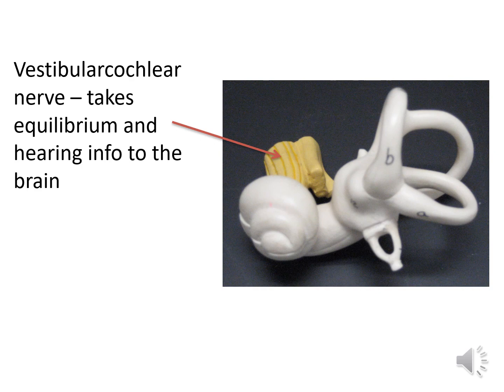The vestibule takes information from the semicircular canals, which were dealing with equilibrium. The cochlea was that fluid-filled shell that did hearing. So if you can read through the Latin, the vestibular part really refers to the equilibrium parts, and the cochlea really refers to the hearing parts, and that yellow thing on the model there would be the vestibulocochlear nerve that takes equilibrium and hearing information to the brain.